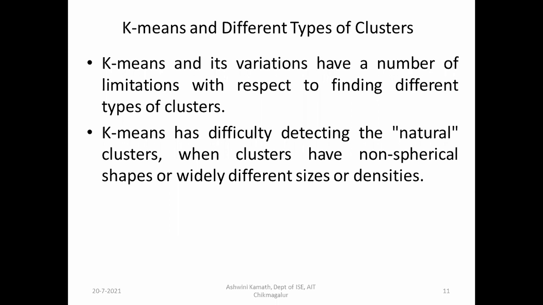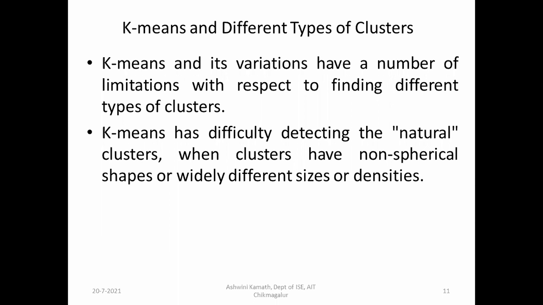With the K-means algorithm, it is very difficult to select the natural clusters when the clusters don't have a globular, spherical shape. If the clusters are in a non-spherical shape, then it is difficult to detect the natural clusters using K-means.